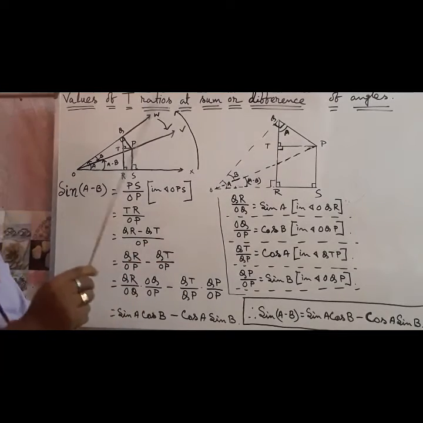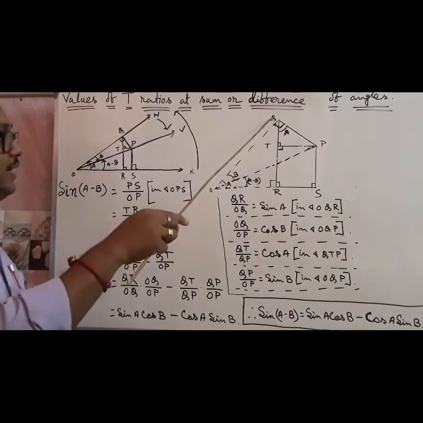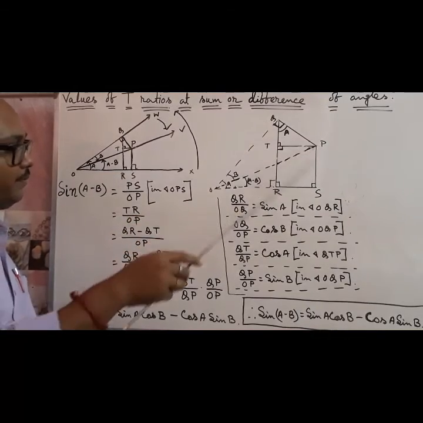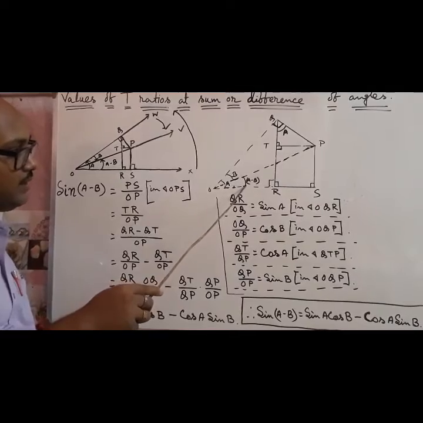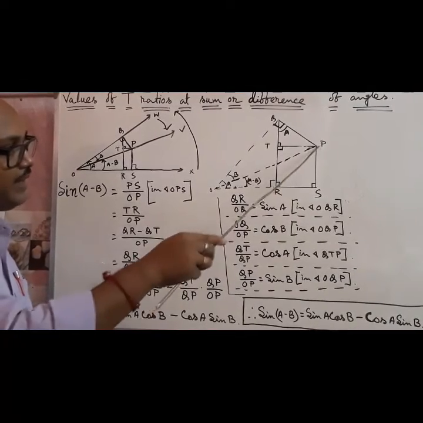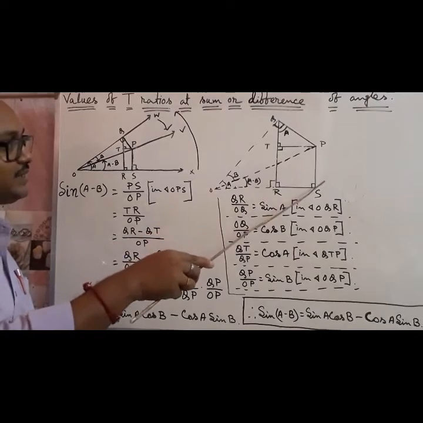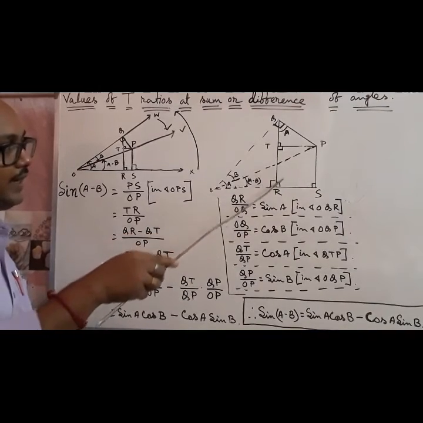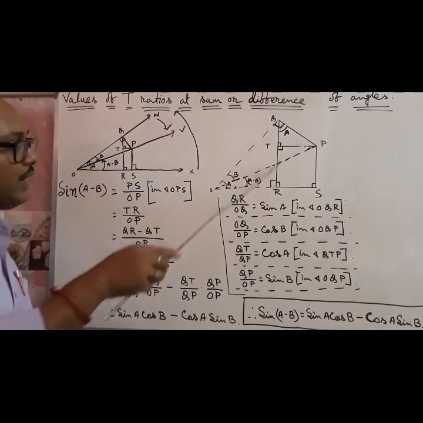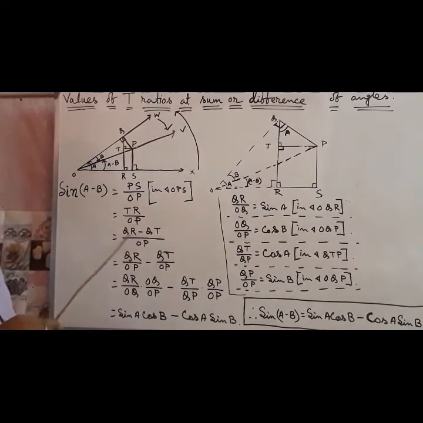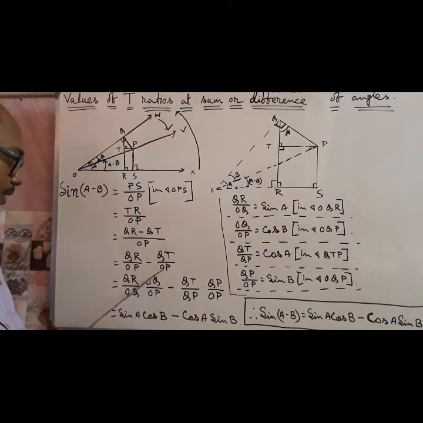Okay. Now sin A minus B. From this triangle PSO, you see this is the angle A minus B. Sin of A minus B, that is perpendicular by hypotenuse, PS by OP. This PS is equal to TR, as it is a rectangle. TR can be written as QR minus QT. So QR by OP minus QT by OP.